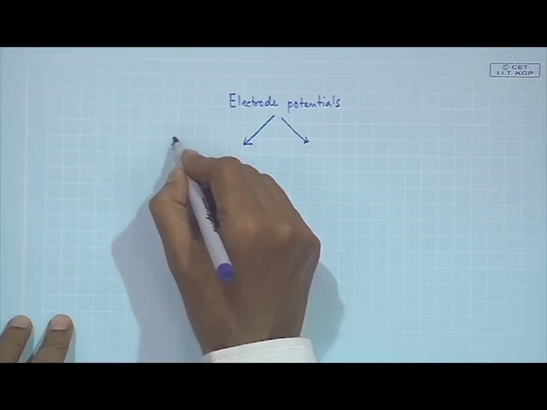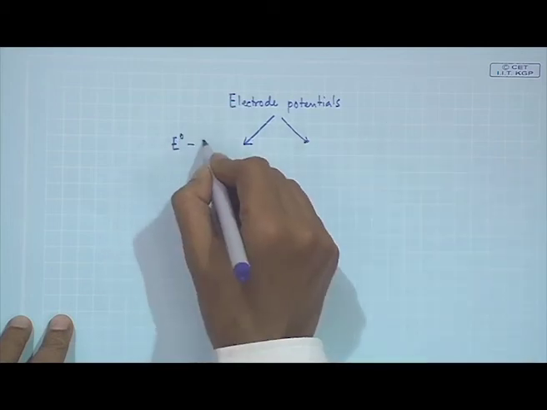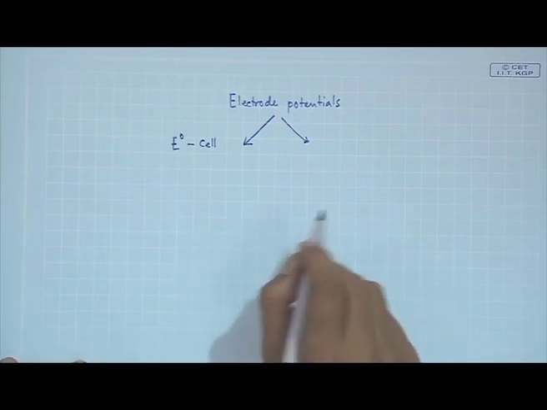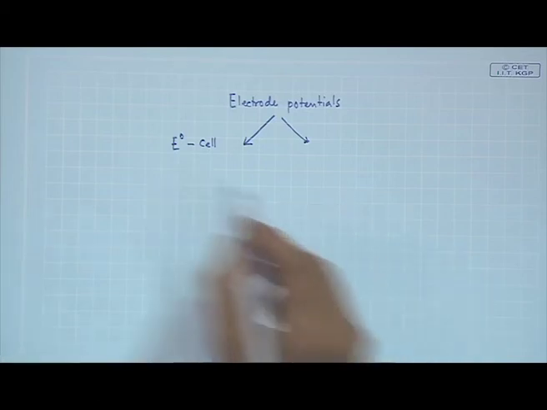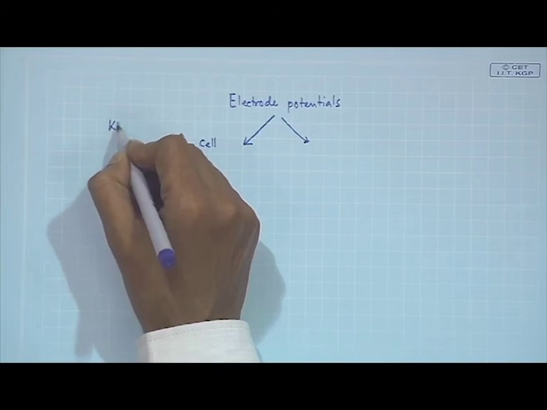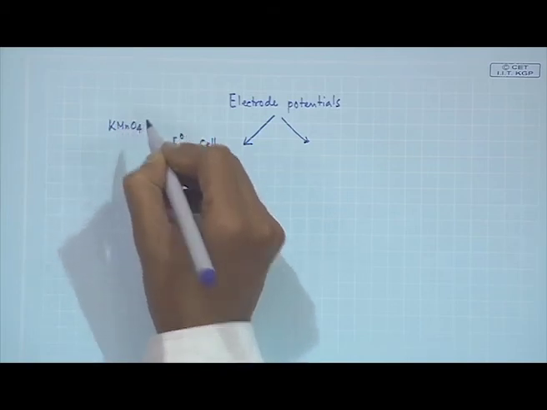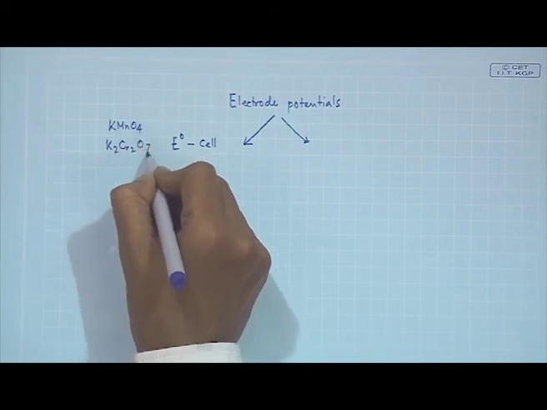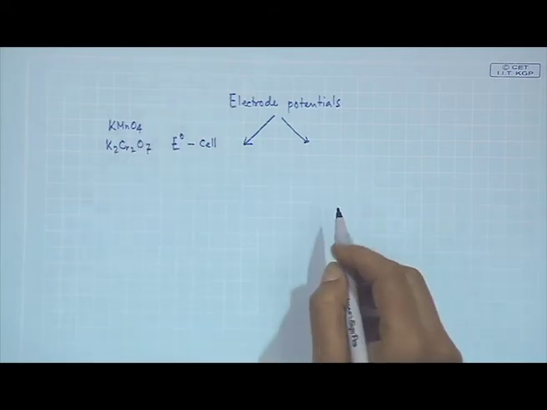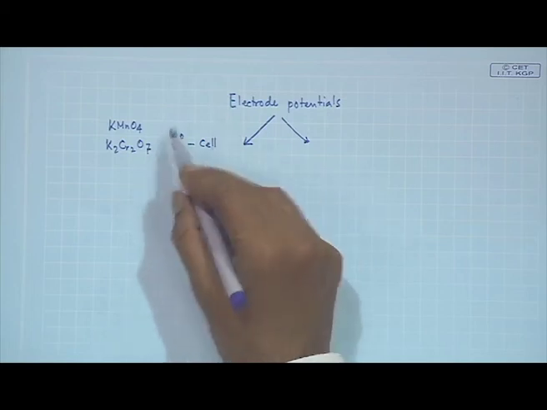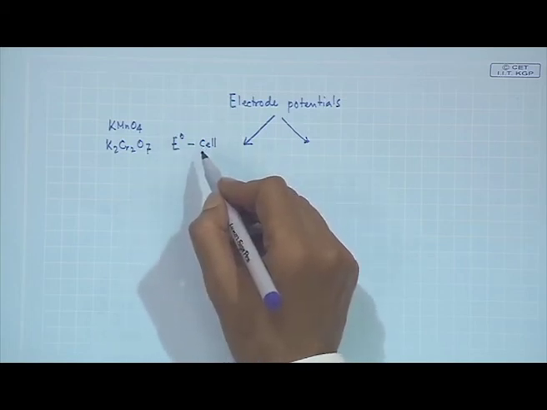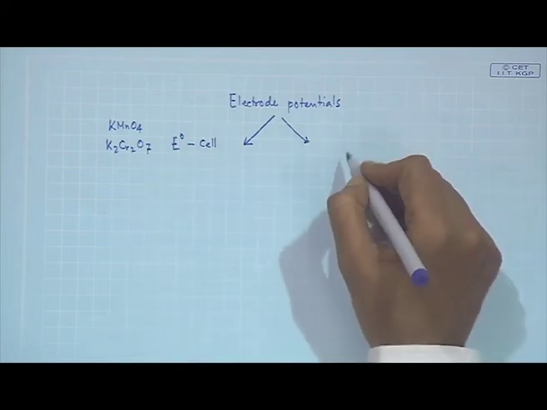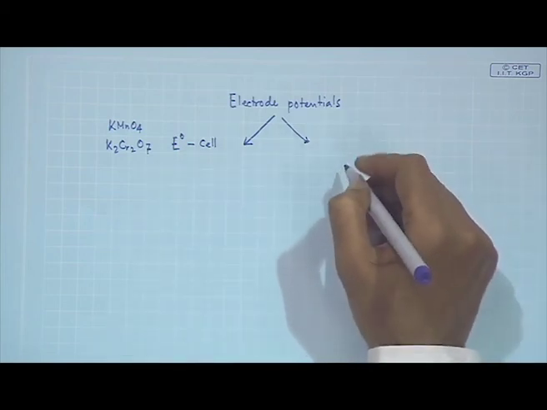So, how the corresponding E0 values for the reaction cell are getting changed for all these reactions, whether we use KMnO4 or K2Cr2O7. So, this cell potential is always very much important, and some of these reactions, as we have just now seen, for your ferroin indicator.